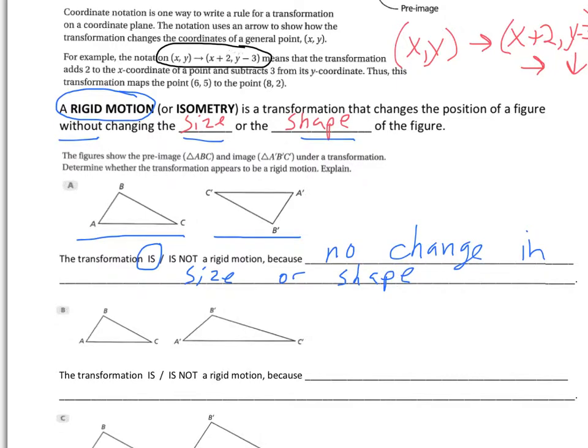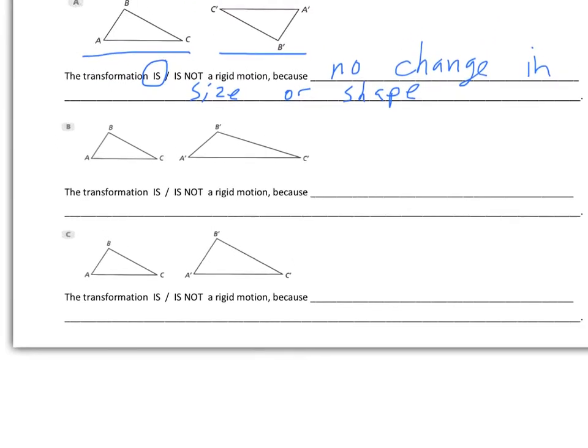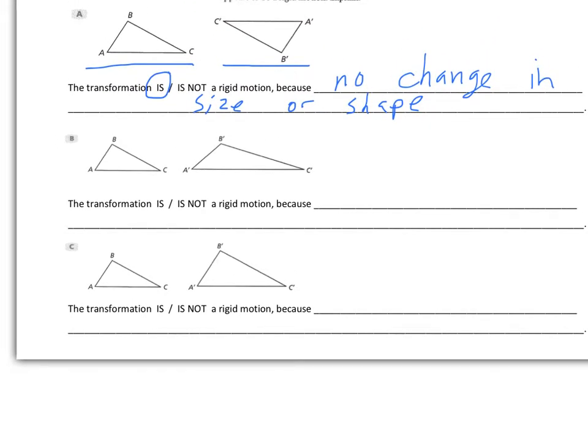Now look at my next one here. I have triangle ABC and I've moved it to this next shape. This is not rigid motion because what I've done is I've stretched it out. It's longer. I have changed the shape of this figure.